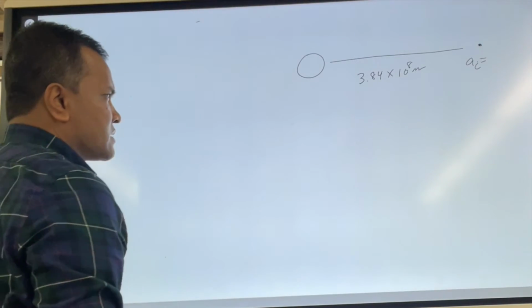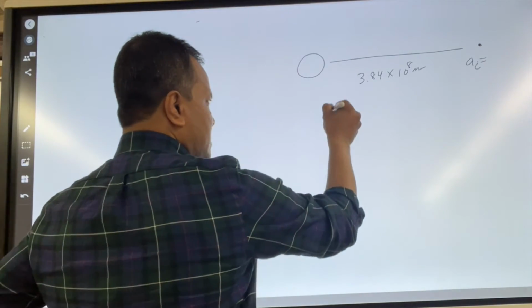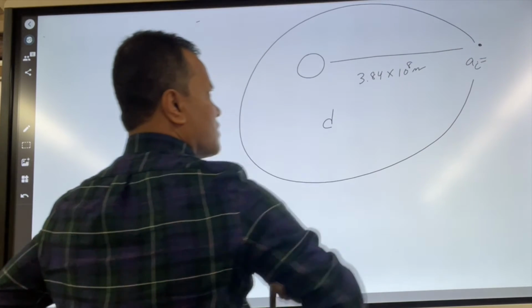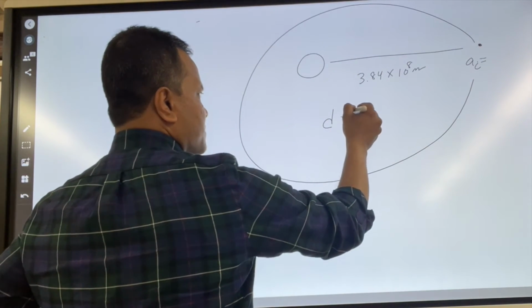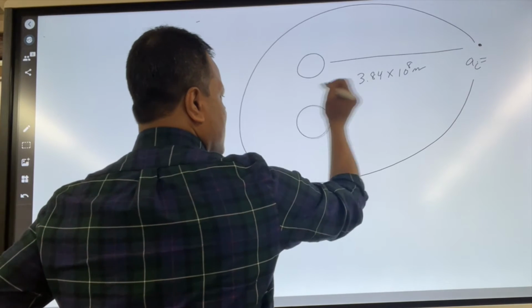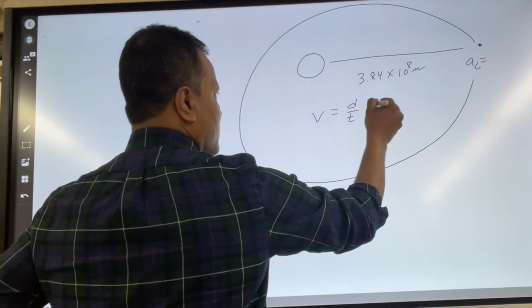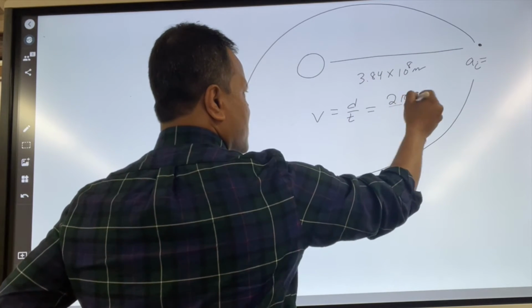Okay, that's what we are trying to find. So how can we find it? Let's start with v. The moon is rotating like this around the earth. So velocity is distance over time. So the distance is 2 pi r over time.